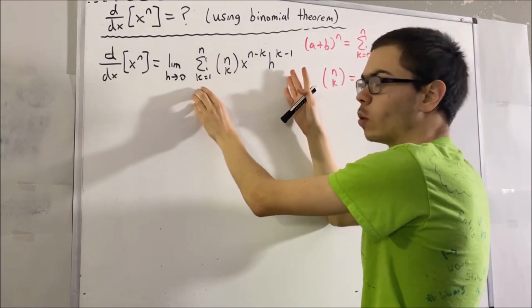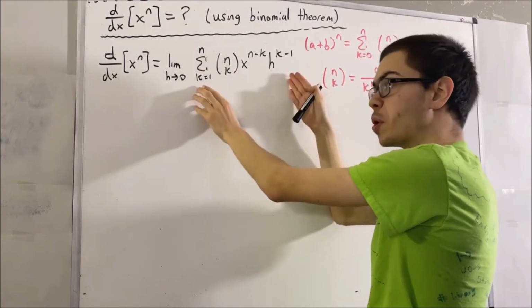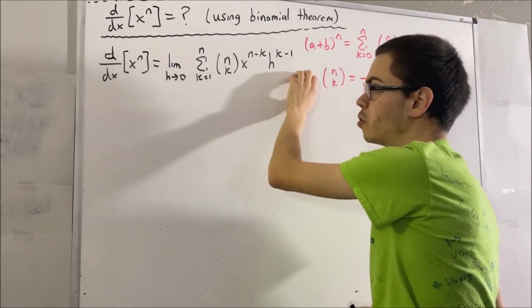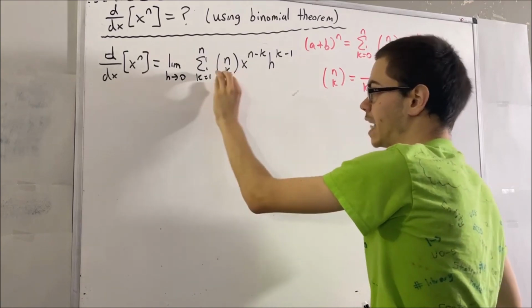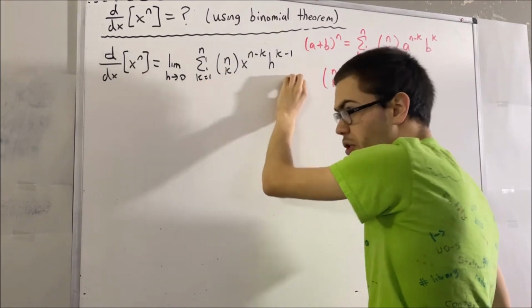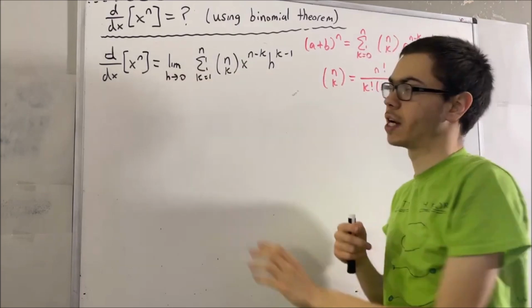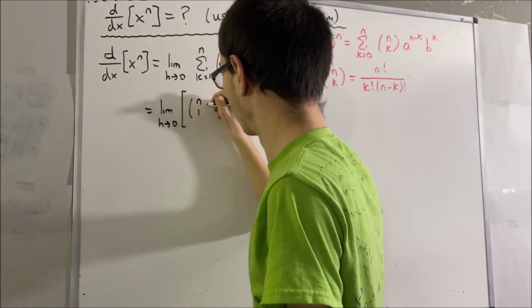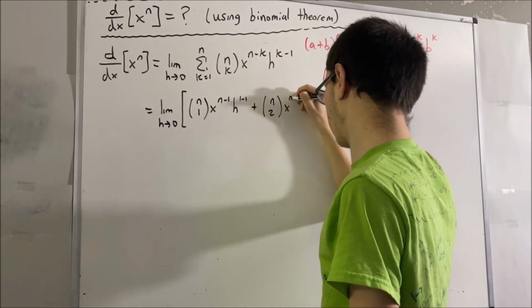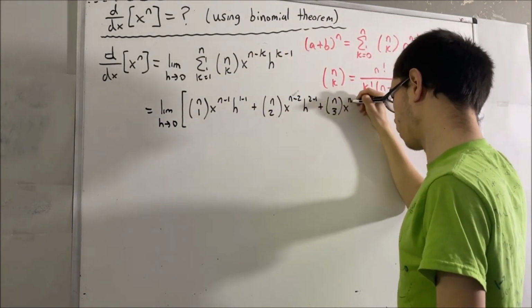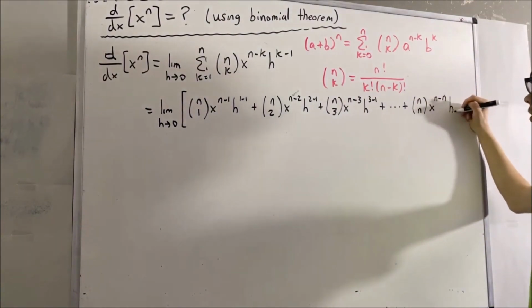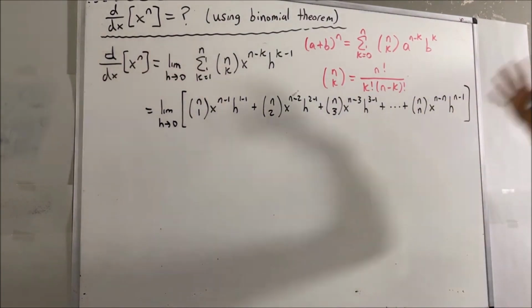And to see why, what I'm going to do here is expose some of the terms in this sum, right? I'm going to expose this sum when k equals 1, when k equals 2, when k equals 3, and so on until k equals n. So this is what I've done.